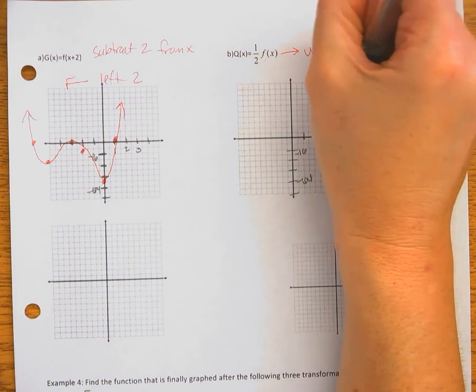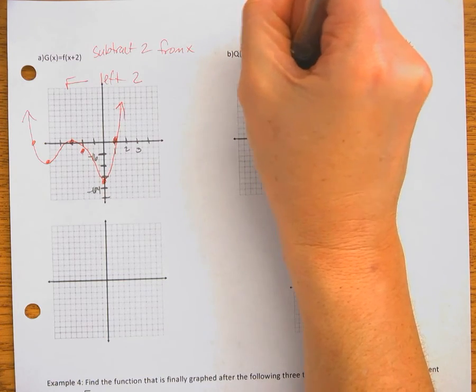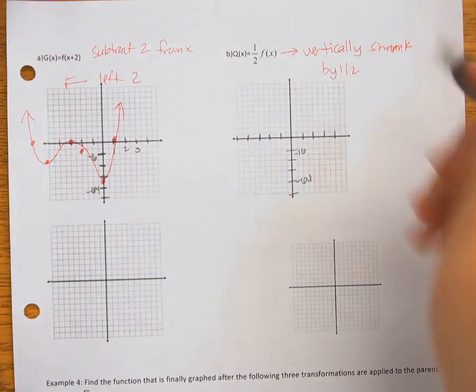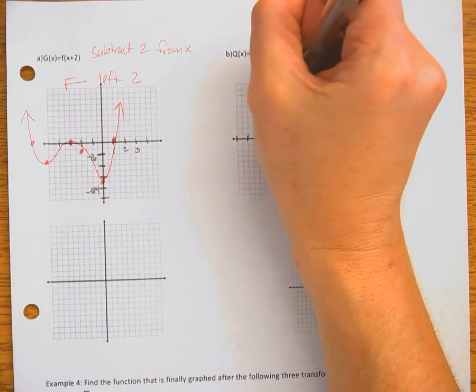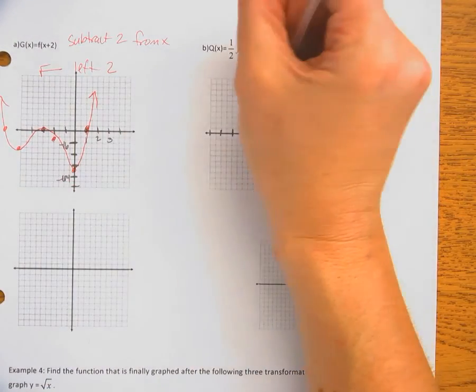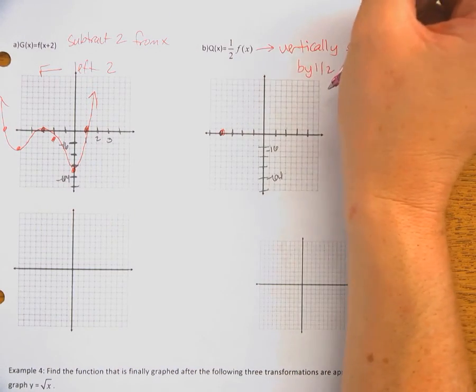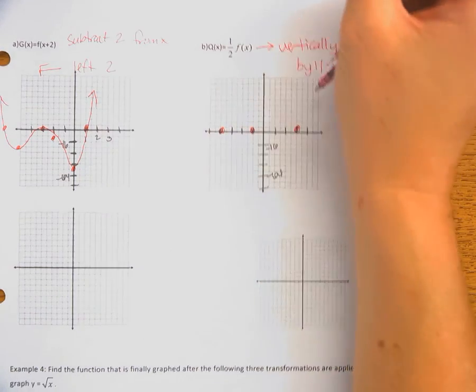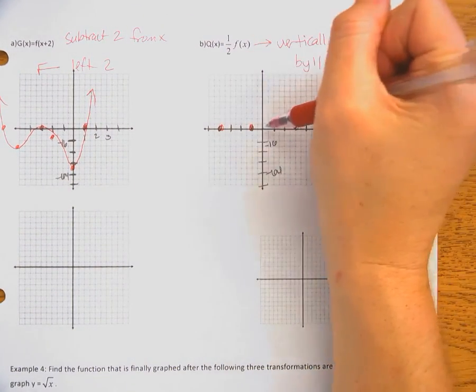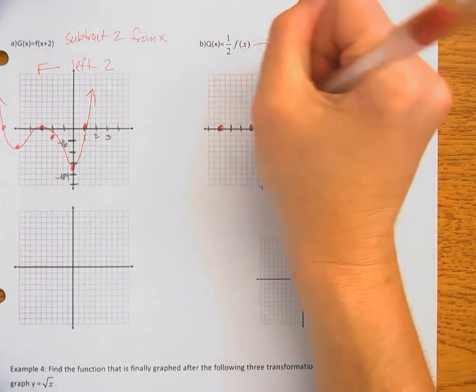So now in this one, your x values should stay the same, but your y values should shrink by 1/2. So actually all the intercepts would be the exact same. So you'd have an intercept at -4, 0, an intercept at -1, 0, and an intercept at 3, 0. That all would stay the same. But now the y-intercept, instead of being at -14, would be at -7, so it'd be a little bit higher.